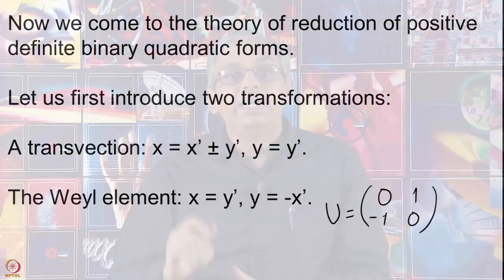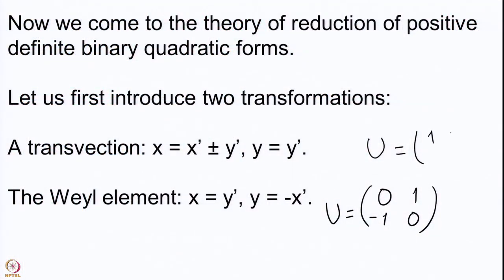The earlier matrix that we had for our transvection, that also had determinant 1. So, these are the two very important transformations that we are going to study. Let us see what happens when we apply these two transformations to a positive definite integral quadratic form. Let us see what is the effect of these two transformations on our forms.